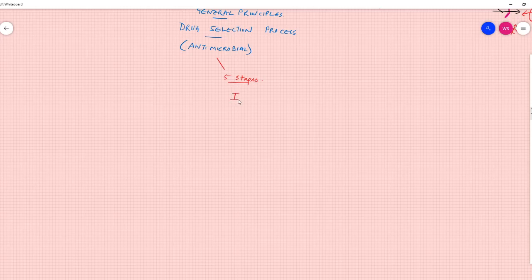And the first stage is deciding if the antimicrobial therapy is warranted. Okay, in other words, should we start an antimicrobial therapy? Okay, so that's the first step that we need to address.